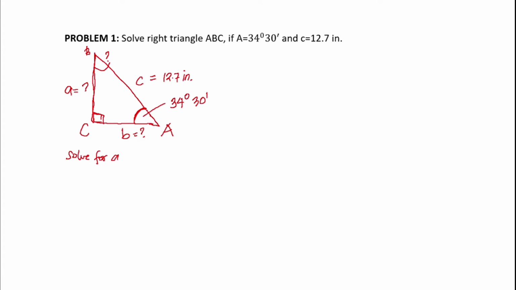We use sine, opposite over the hypotenuse, since two are given and one is lacking. So sine A is equal to the opposite a over c. Why do we use sine? Because only a is lacking and we have the two given pieces of information, c equal to 12.7 inches and A equal to 34 degrees and 30 minutes. That is applicable because we can find the unknown based on the ratio given. Sine is equal to the opposite over the hypotenuse.